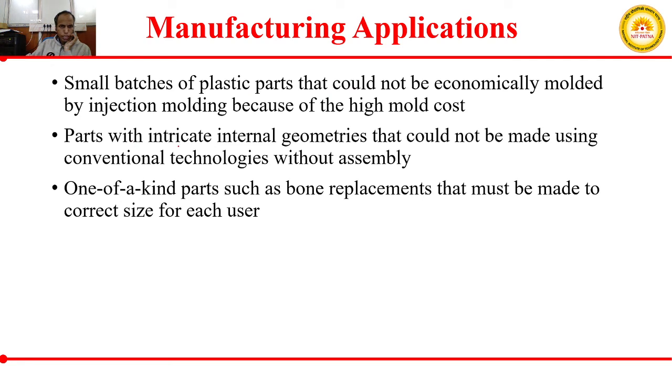Parts with intricate internal geometries that could not be made using conventional technologies without assembly can be produced using your RP technology. One of a kind parts such as bone replacement can be made to the correct size for each user.